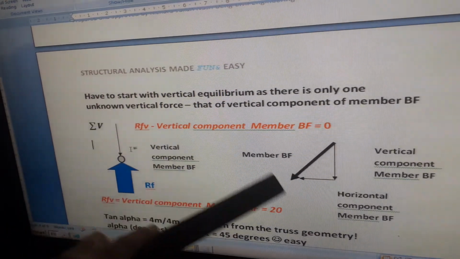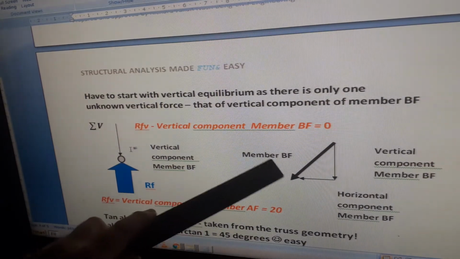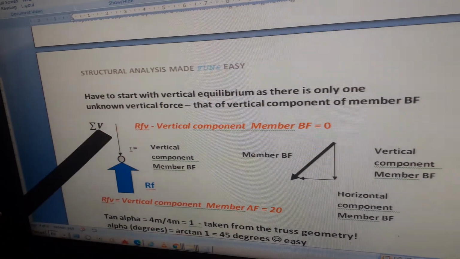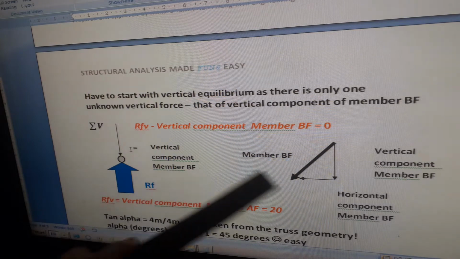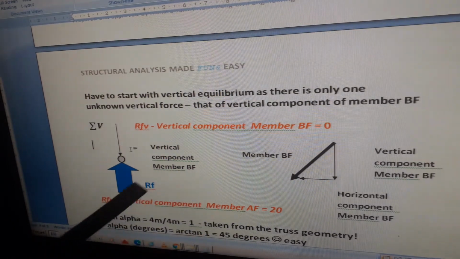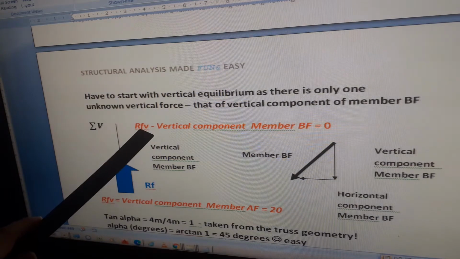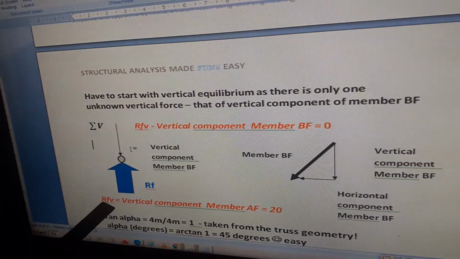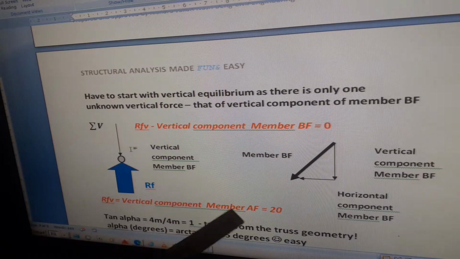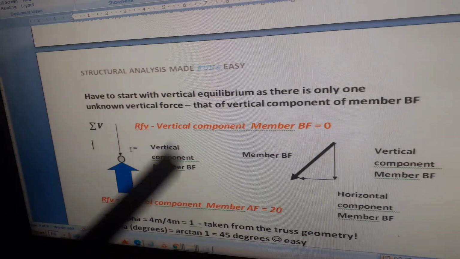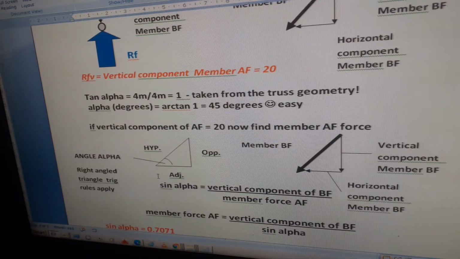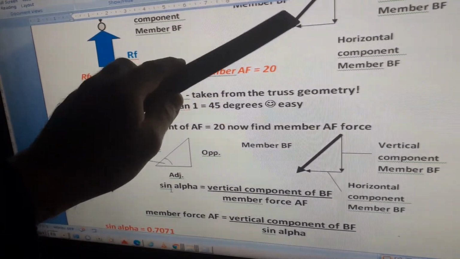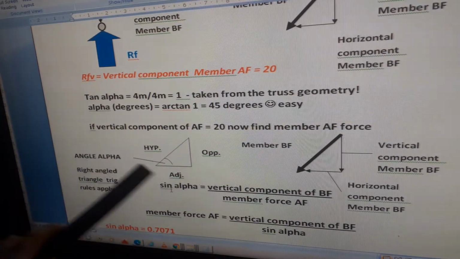I'm doing this because I need the vertical component of member BF so that I can find the vertical reactions. The vertical component of member BF is equal to RFV. So if I rearrange this equation, I get RFV equals the vertical component of member BF, and that is 20. Now the angle of BF to the horizontal: here's the little trig diagram.